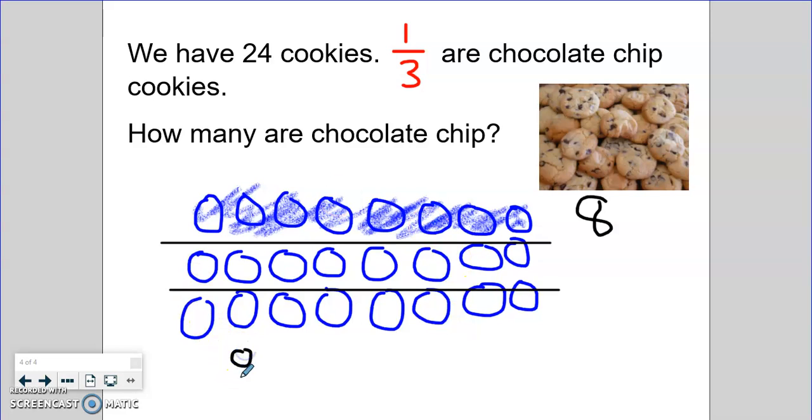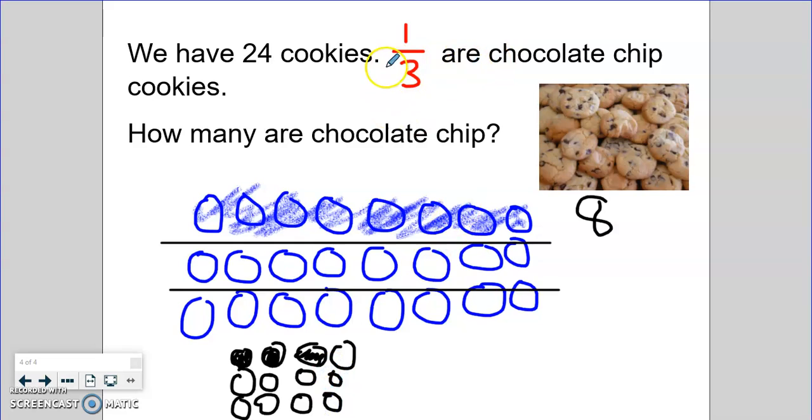You could just go 1, 2, 3, and then do 1/3. And then 1, 2, 3, and then 2/3. And so on until you've colored in 8 in the groups of 3. And how do I know it's 3? Because it says thirds. So that's why I'm putting it in groups of 3.